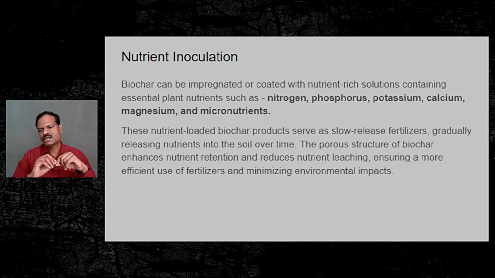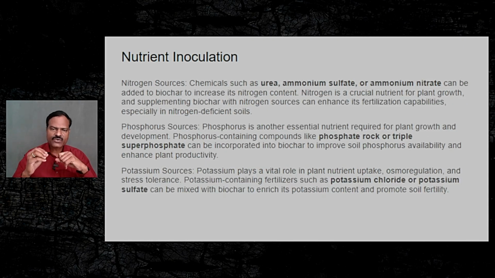Another concept that we get to discuss here is the nano fertilizers concept. So here biochar acts as that media which retains these nutrients, like zeolite or other materials which are used in the process. And within this nutrient inoculation, say we want to inoculate biochar with nitrogen.